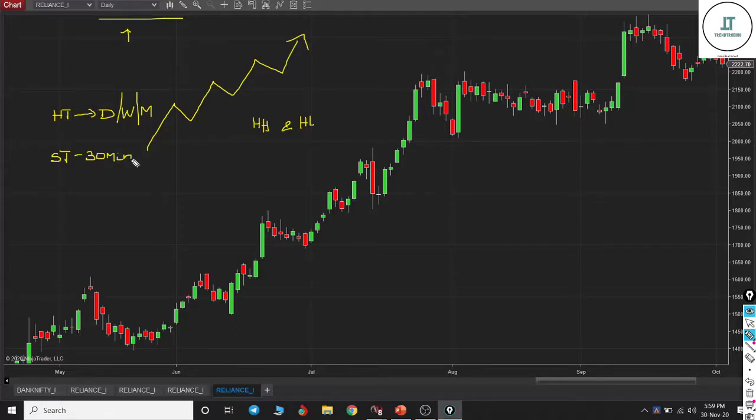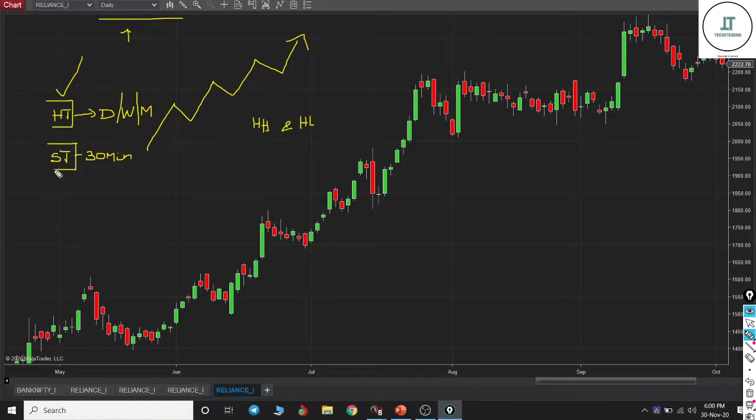So in this case, to first understand the bigger trend, the bigger picture of any stock, we need to look first at the higher time frame. And to trade from an intraday perspective, we need to look at a shorter time frame.